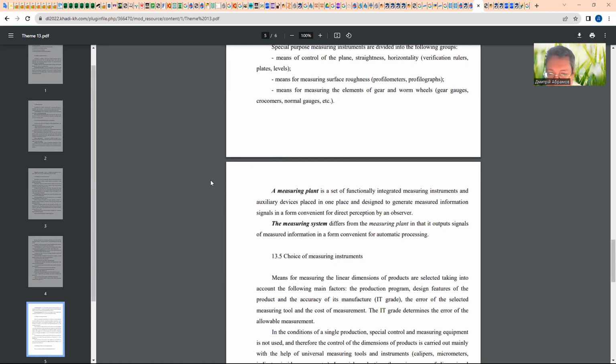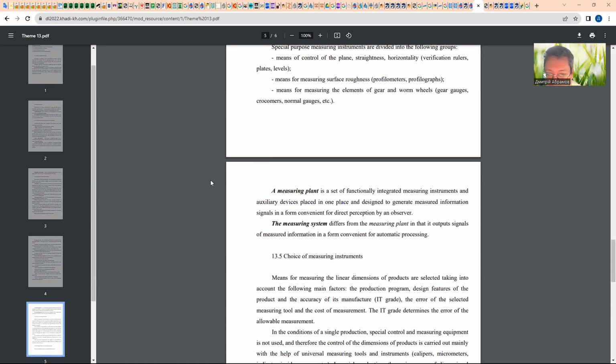A measuring plant is a set of functionally integrated measuring instruments and auxiliary devices placed in one place and designed to generate measured information signals in a form convenient for direct perception by an observer.